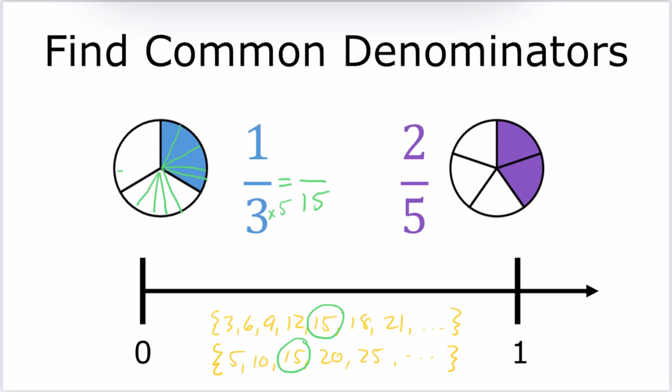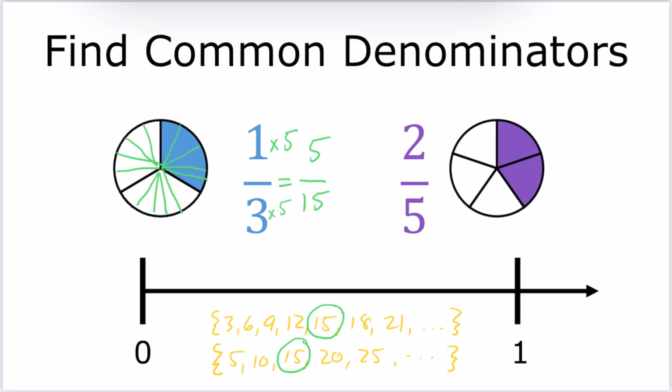Sorry, my drawing doesn't necessarily make them look equal, but it's fine. So if I split each of those thirds up into fifths, that gives me a total of 15 pieces in my entire circle. And the one piece that used to be shaded is now 5 little pieces. So 1/3 equals 5/15.